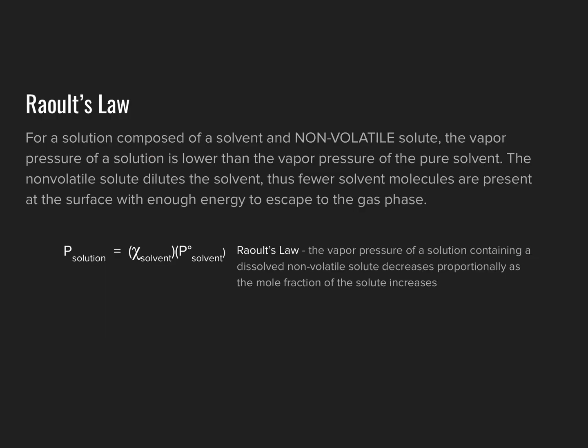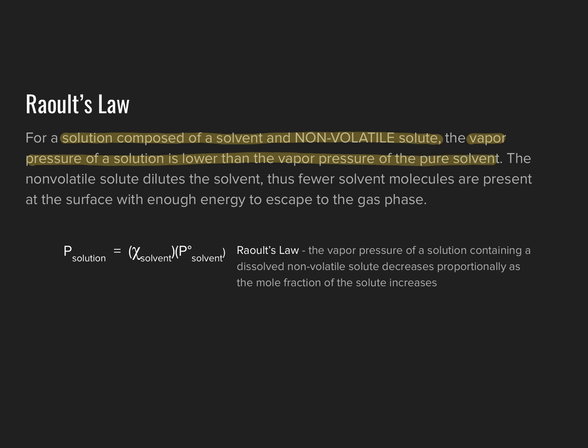On our next slide here, we're going to have a look at what is referred to as Raoult's law. Raoult's law is the mathematical component of the conversation we had on our previous slide, which described the vapor pressure of a solution composed of a non-volatile solute dissolved in a volatile solvent. And to reiterate, for a solution which is composed of a solvent and a non-volatile solute, the vapor pressure of that solution is always lower than the vapor pressure of the pure solvent itself.